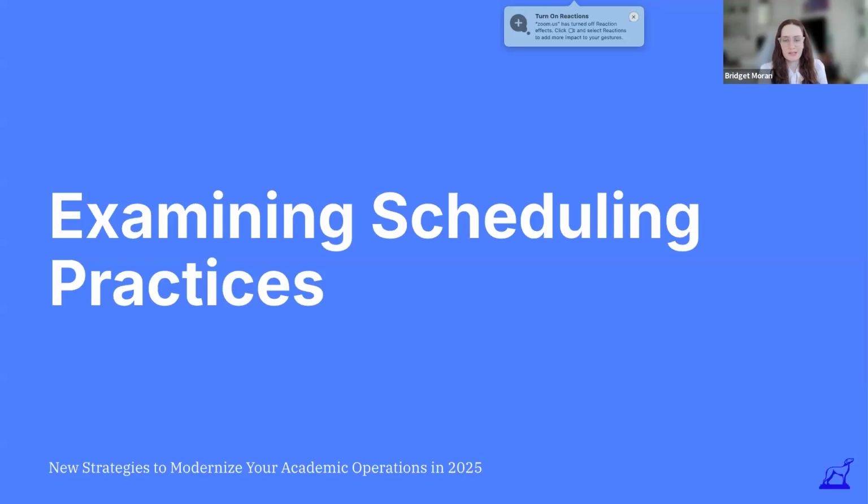Of course, this includes the big one, creating the academic schedule, but also thinking about the other associated areas like faculty workload assignments, how you're projecting course demand, and how you're managing classroom and event space. Similar to many of the points that Claire was just talking about, we'll take a look at how we can move away from some of these manual scheduling processes and really consolidate them into one place.